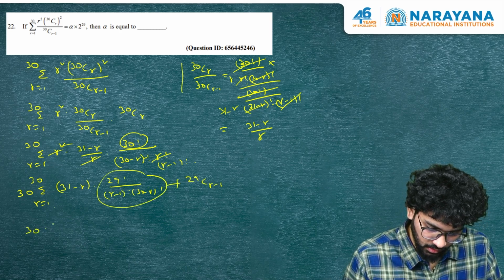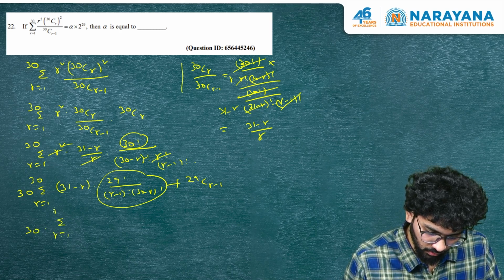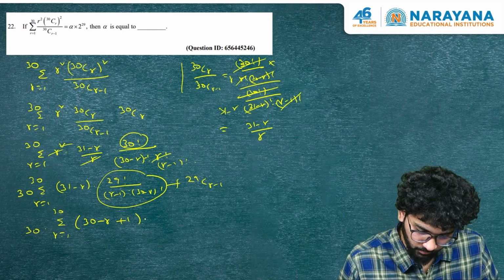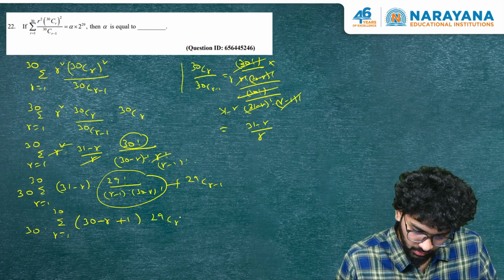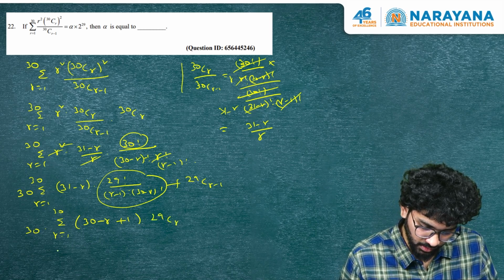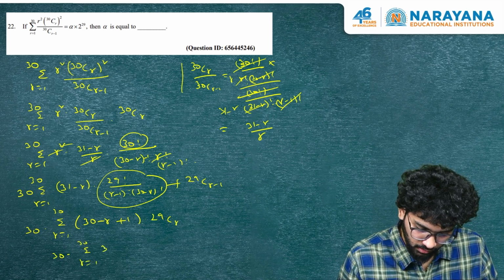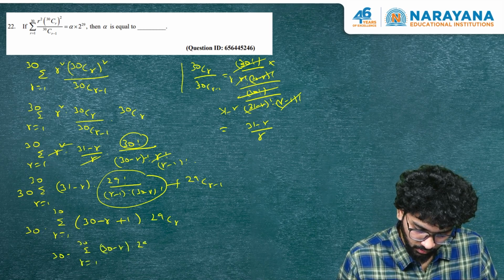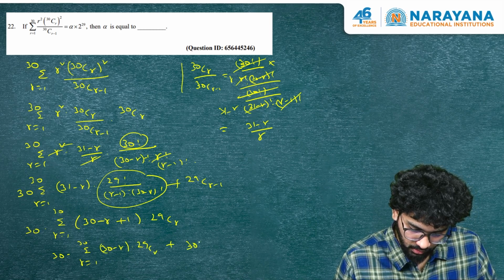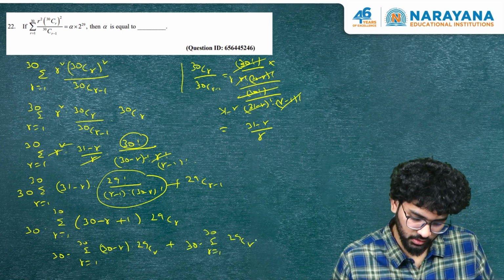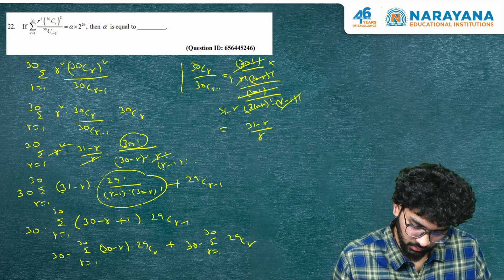So I'll write this as 30 into sigma r equal to 1 to 30. This 31 minus r I'll write it as 30 minus r plus 1 into 29 cr. If I separate this thing, 30 into sigma r equal to 1 to 30, 30 minus r into 29 cr plus 30 into sigma r equal to 1 to 30, 29 cr, 29 cr minus 1.